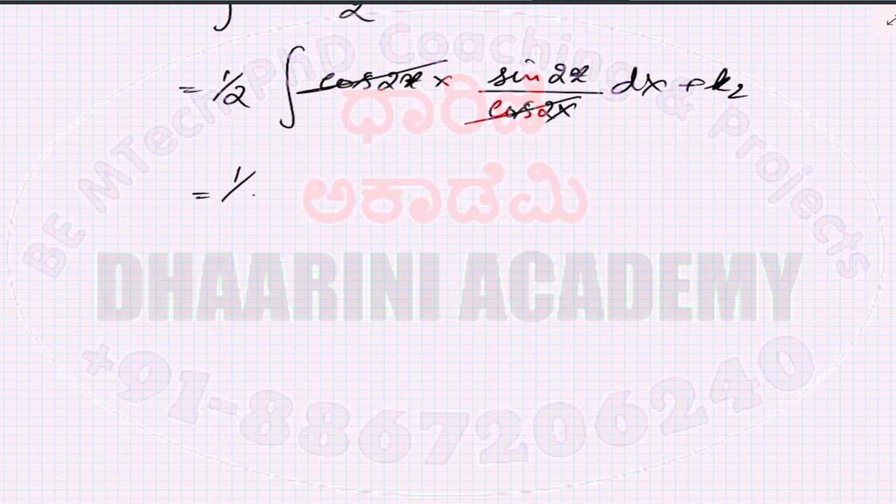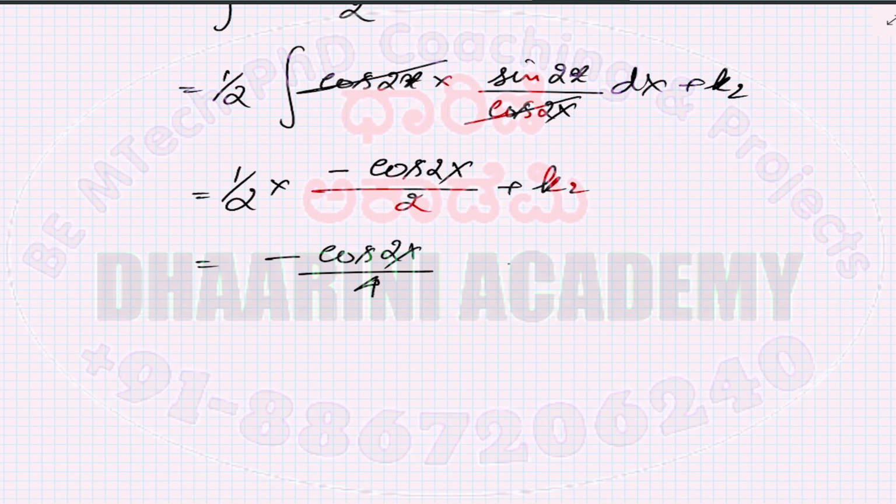So there is half integration of sin, which is nothing but minus cos 2x divided by 2 plus k2. So this is minus cos 2x whole divided by 4 plus k2, is the value B, which we call equation number 4.